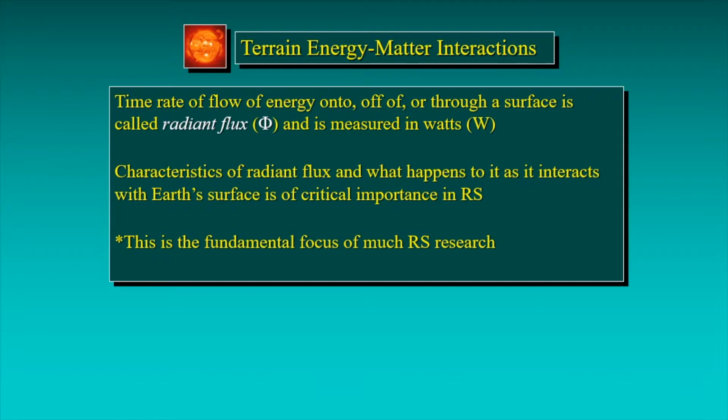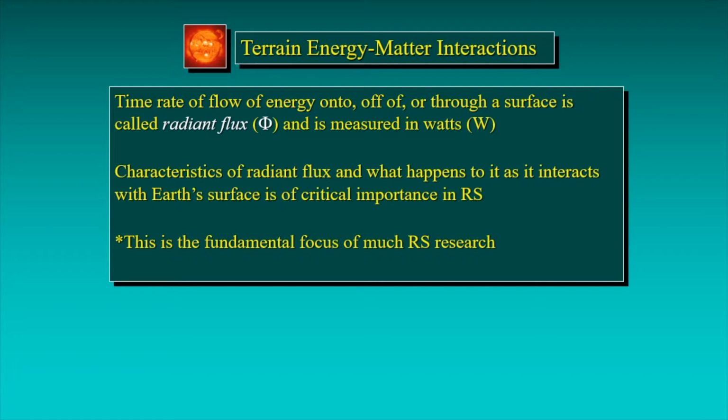All right, so I'm next going to be focusing on terrain energy matter interactions. We should note that the time rate of flow of energy onto, off of, or propagating through a surface is referred to as the radiant flux, and we measure that in units of watts, which we denote with capital W. The characteristics of the radiant flux and the fate of that as it interacts with the Earth's surface is very important in remote sensing.